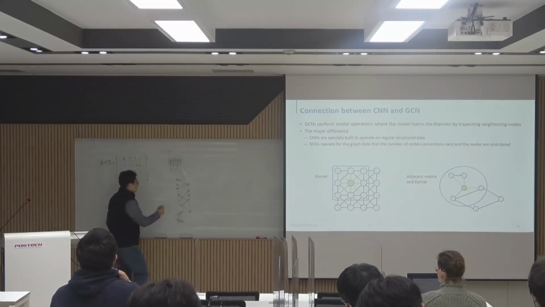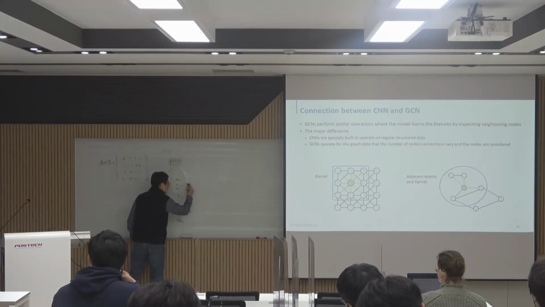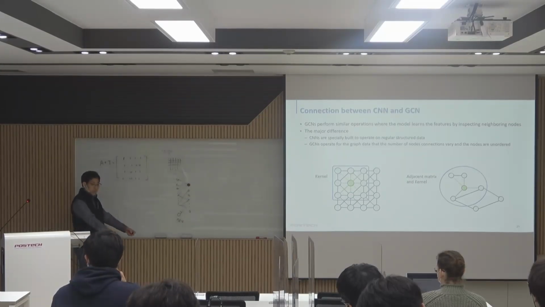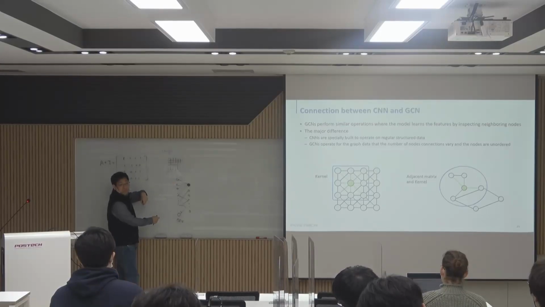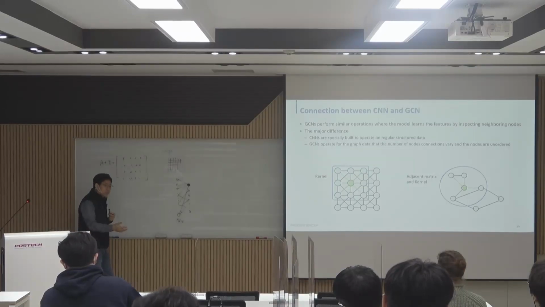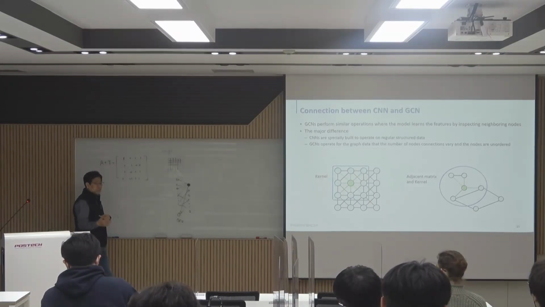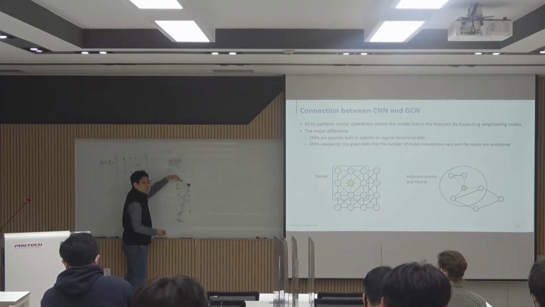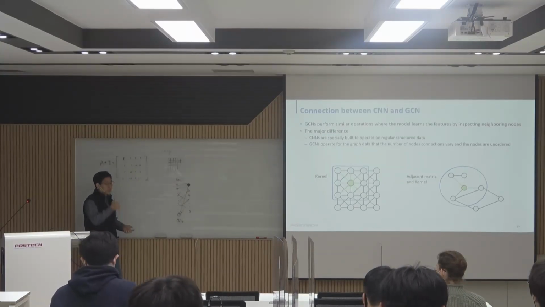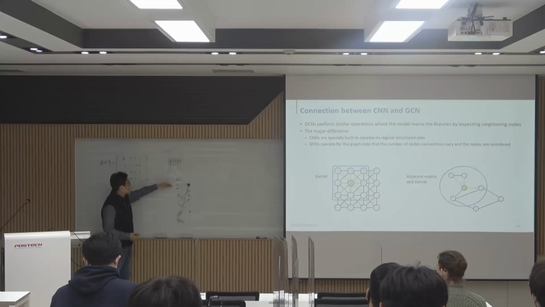That means for this node, we are trying to gather information from all of them. Throughout the training process, we want to see whether some of them have very strong relations, some of them not. Eventually, we'll get all the weights.